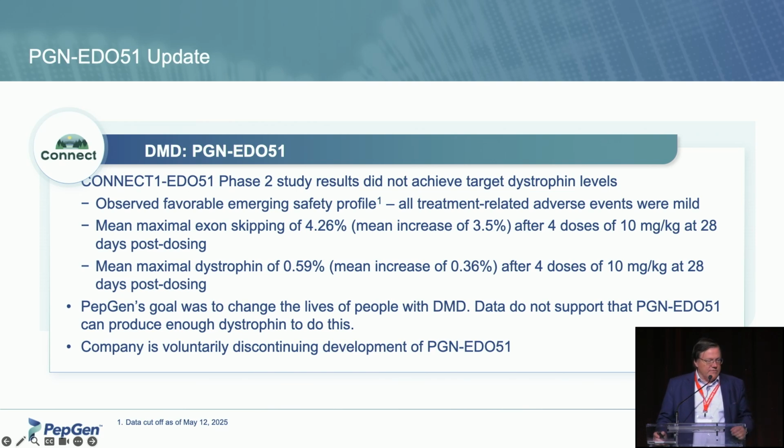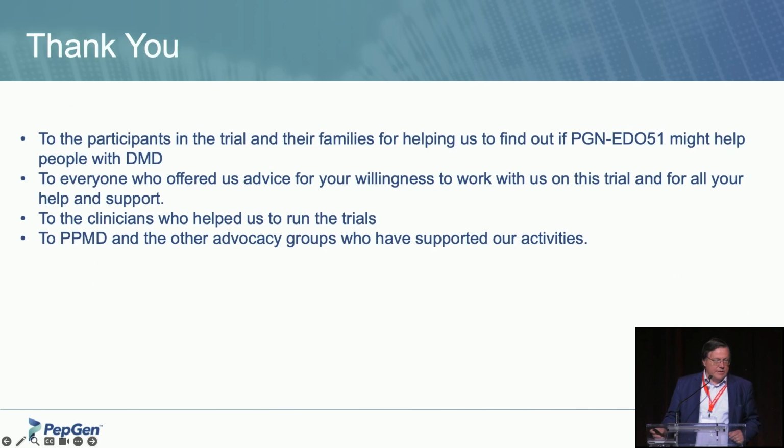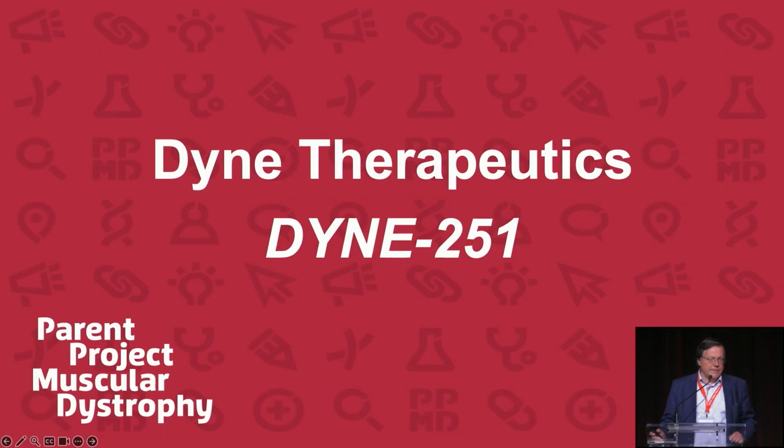So the company has voluntarily discontinued the development. They did ask us to make sure to share that they wanted to express their gratitude to the patients who took part in this study and to those of the community who helped them develop this. But I'm not going to spend much more time on the cell-penetrating peptide approach.